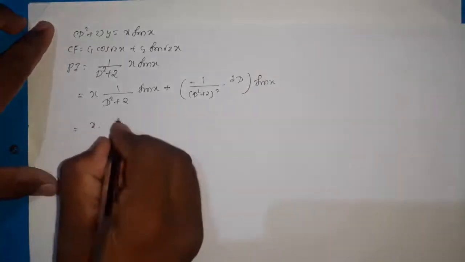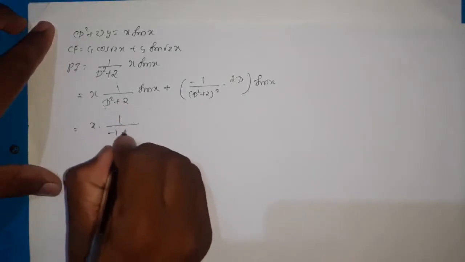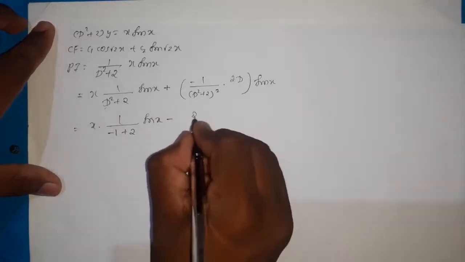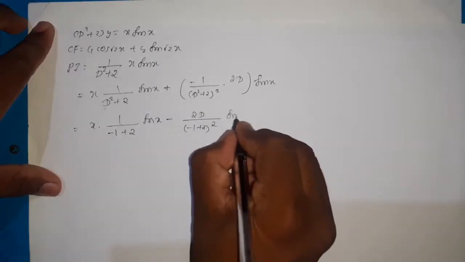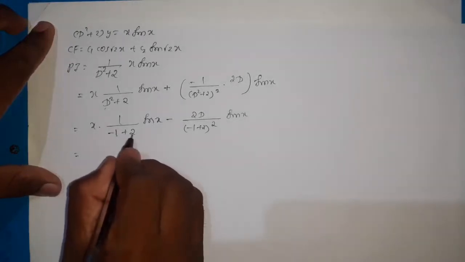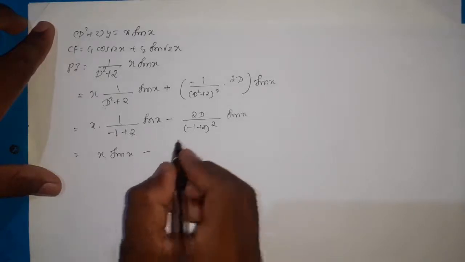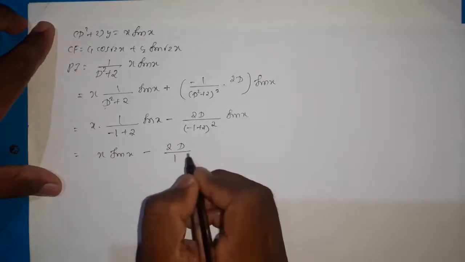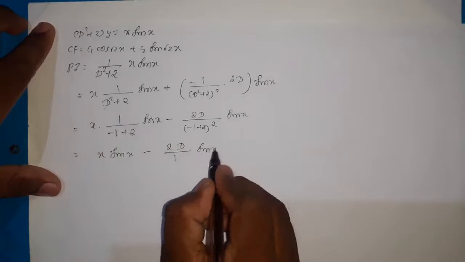Then x into 1 divided by, here D square is minus 1, so minus 1 plus 2 sin x, minus 2D divided by minus 1 plus 2 whole square sin x. Then minus 1 plus 2 is 1, so therefore it is x sin x minus 2D divided by 1 only, because 1 square, into sin x.